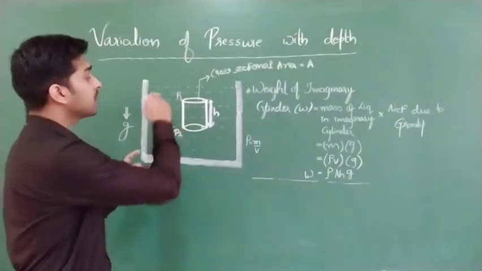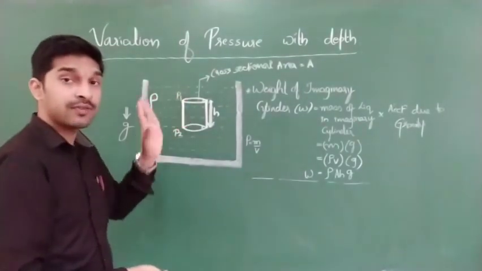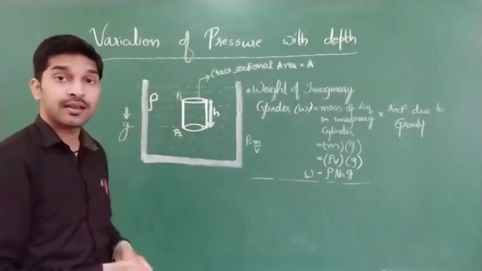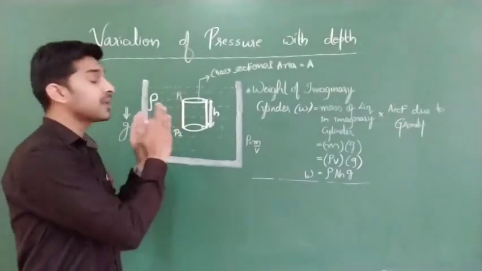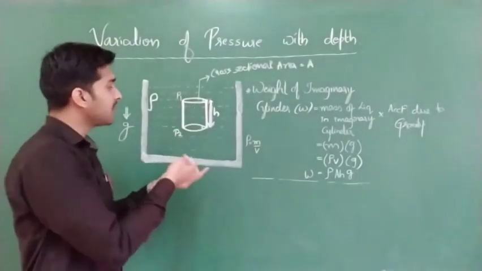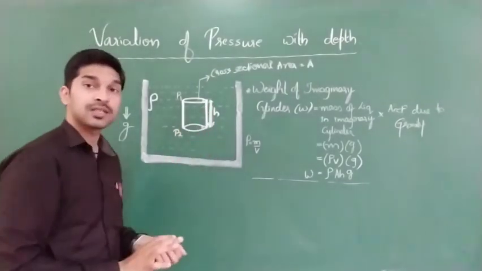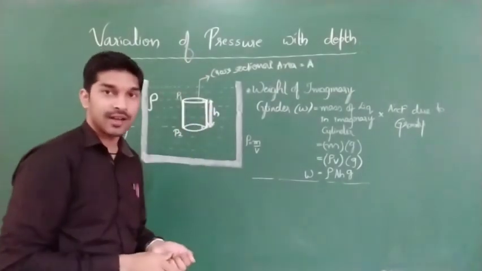That means what will happen? The forces acting on this imaginary cylinder will get balanced. When forces are balanced, we can say the cylinder is in equilibrium. So what does forces balancing mean? The forces acting in the downward direction should be equal to the forces acting in the upward direction.